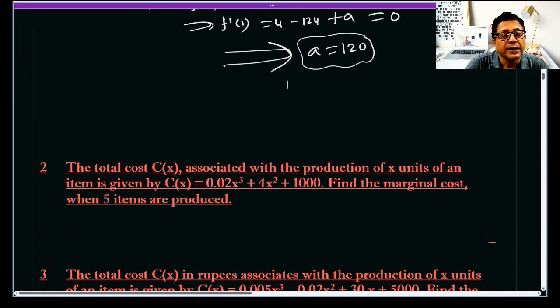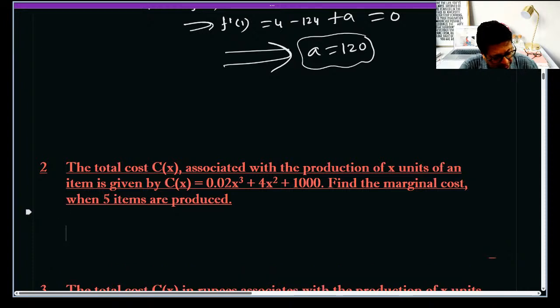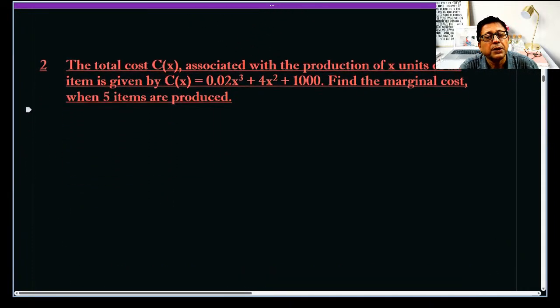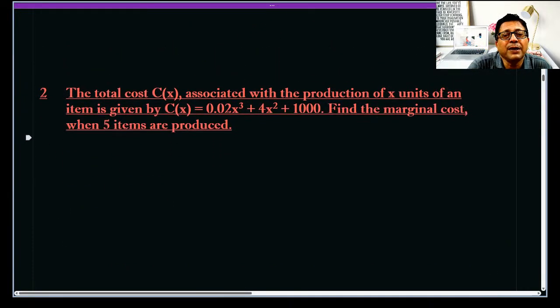Okay? Next one, this part of maximum or minimum value or derivative as rate measure, this question belongs to derivative as rate measure. Total cost associated with the production of x units of an item is given by C(x) equal to 0.02 x cube plus 4x square plus 1000.